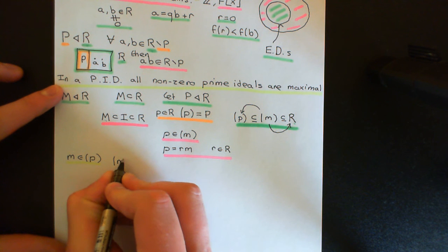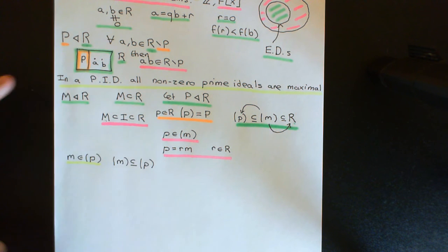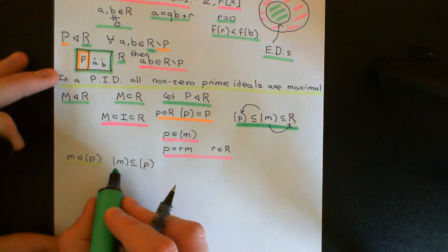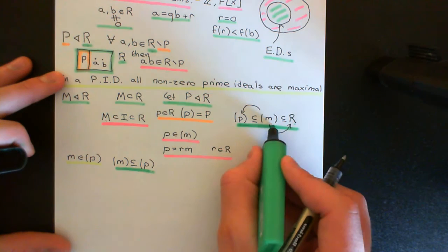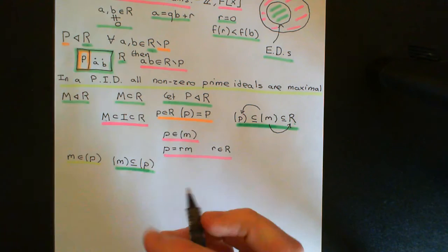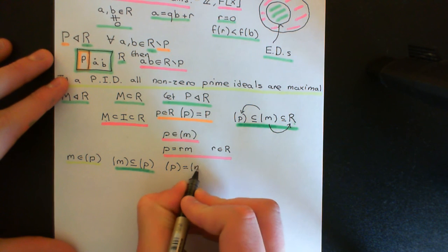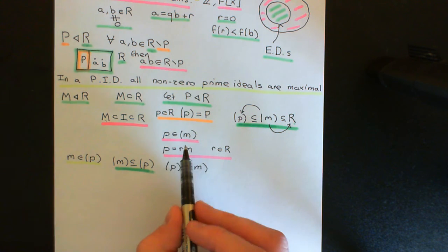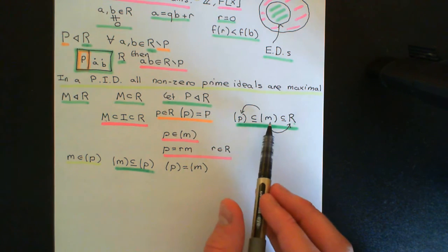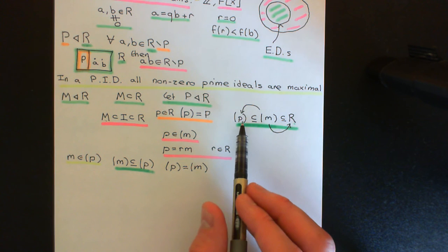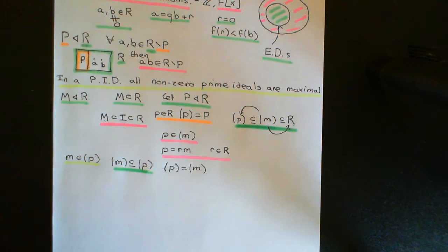So this now tells us that the principal ideal generated by M would be contained within the principal ideal generated by P. But if you take this statement here and take this statement here, you can then conclude that the principal ideal generated by P would equal the principal ideal generated by M. So if M is in the principal ideal generated by P, then you can conclude that actually the principal ideal generated by M was the same as the principal ideal generated by P, i.e. you can conclude this arrow here.